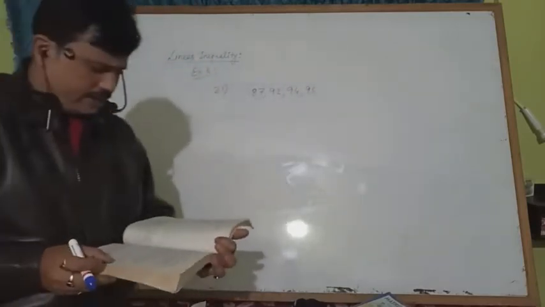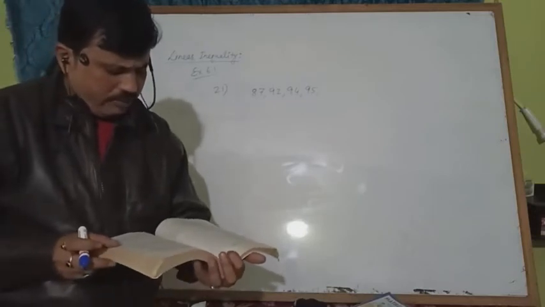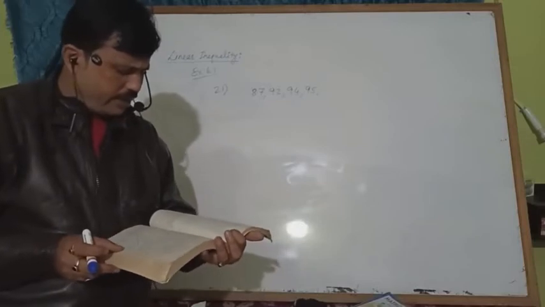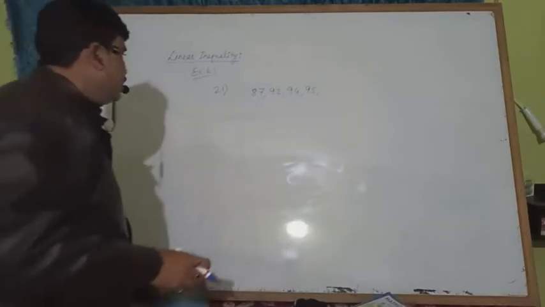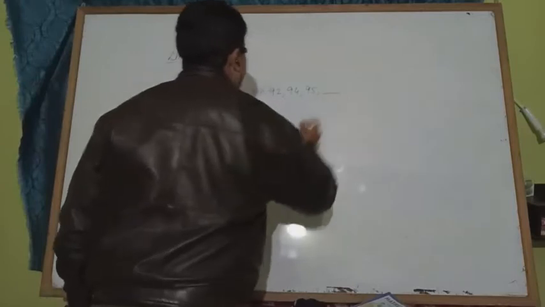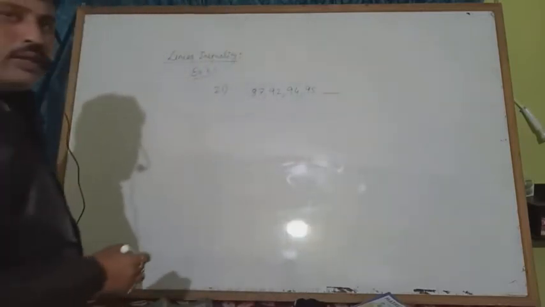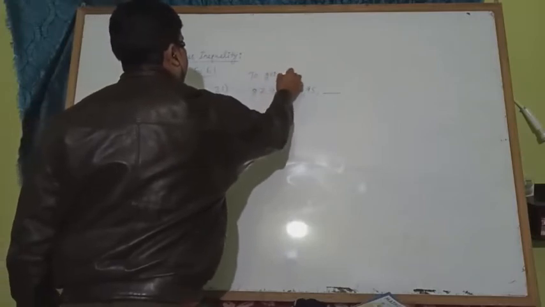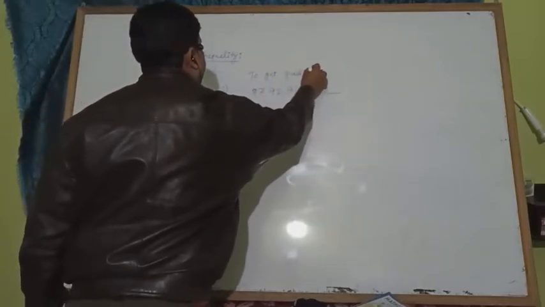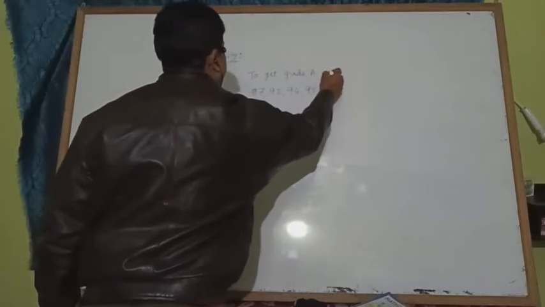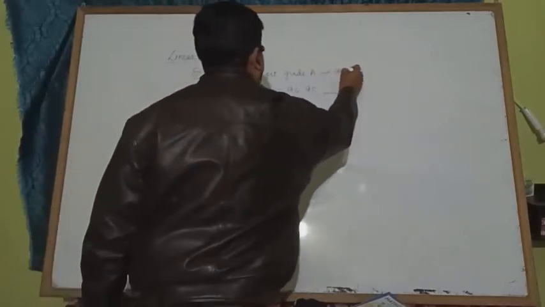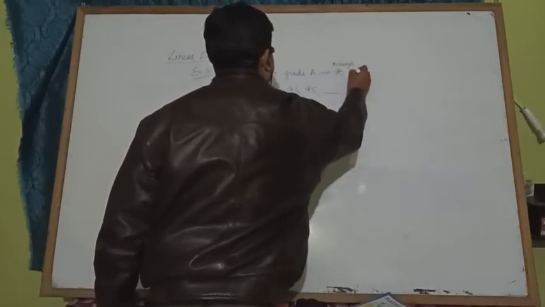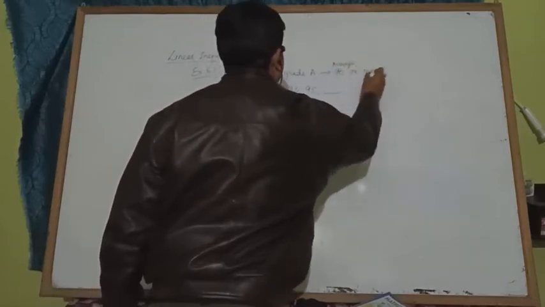They are asking: find the minimum marks that Sunita must obtain in the 5th examination to get grade A in the course. The 5th we don't know. To get grade A, she should get an average of 90 or more.